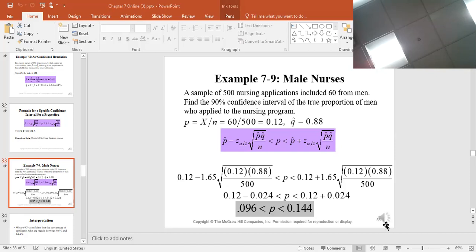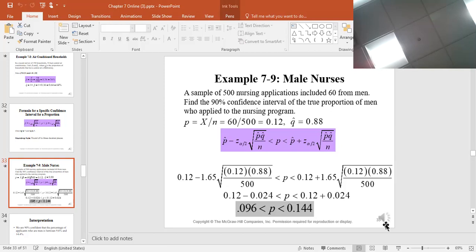The Z alpha over 2. Like, how did it become 1.65? For 90% it is 1.65. It's always like that. Don't really go into Z alpha over 2.